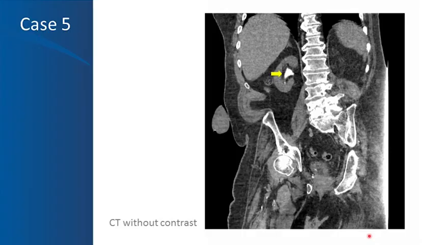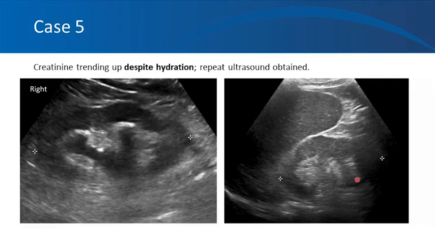And because of the abdominal pain, he also got CT scan without contrast, which showed a 2.6 centimeter staghorn appearing calculus in the right kidney, but still there was no hydronephrosis on either side. So he was hydrated, and urinary tract infection was treated, but the serum creatinine was still trending up.